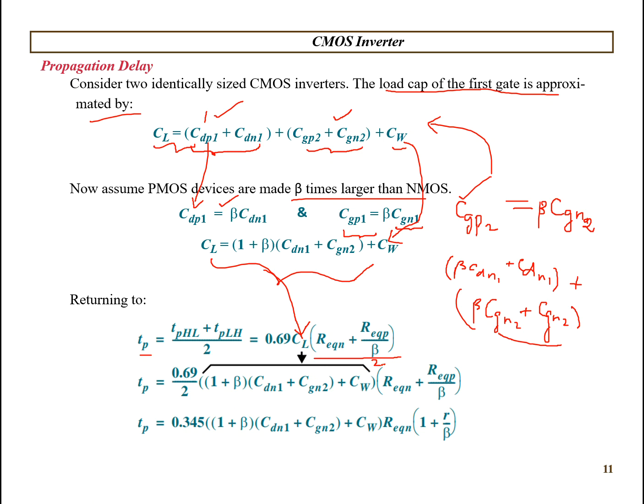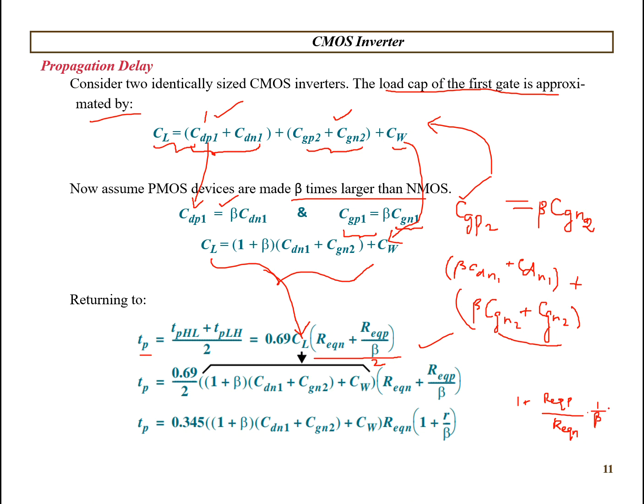Okay. And by substituting all these values in the TP equation, you will get 0.345 times 1 plus beta into CDN1 plus CGN2 plus wiring capacitance, into, in this, if you take R equivalent N as common, you will get 1 plus R equivalent P divided by R equivalent N divided by beta.